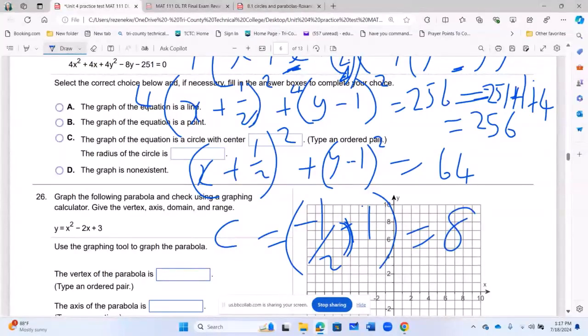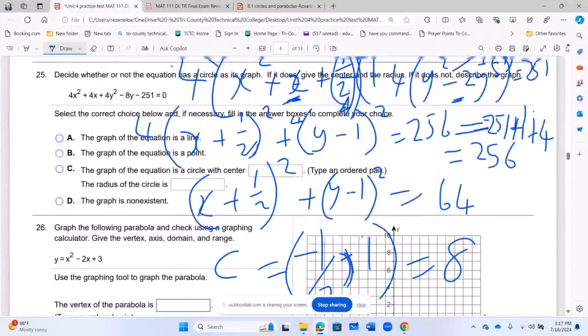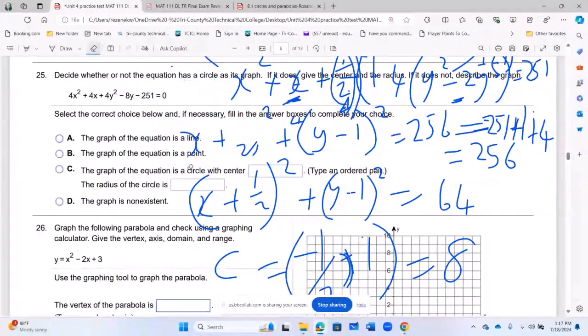So let's sketch it. It didn't even tell us to sketch it. Select the correct choice below. By the way, all the things we are doing, they didn't ask us to, but we did it because we actually need to know and remember it. The correct choice is that this is a circle with center (-1/2, 1) and radius 8.